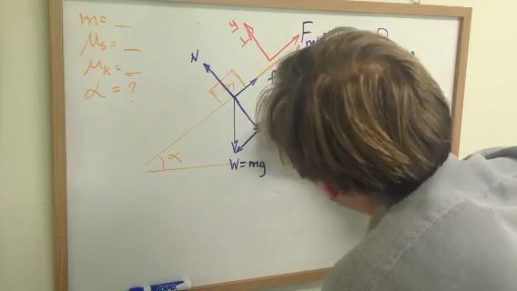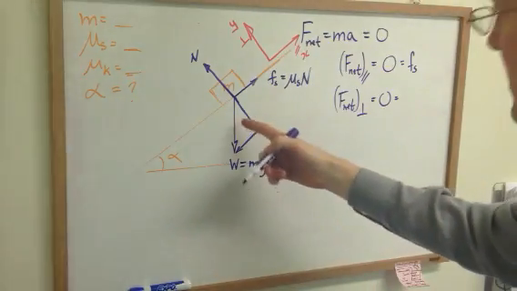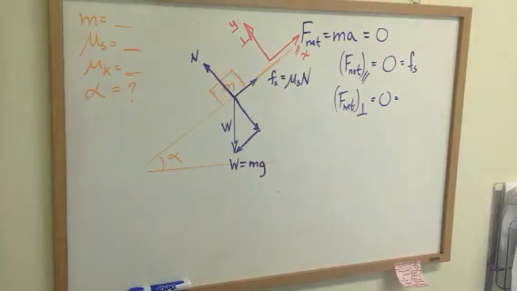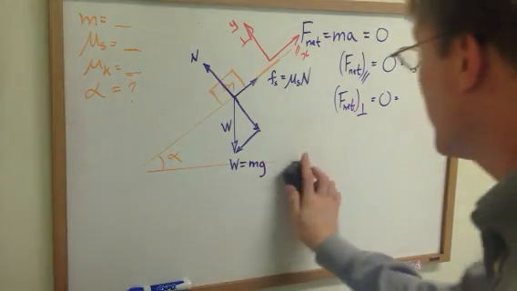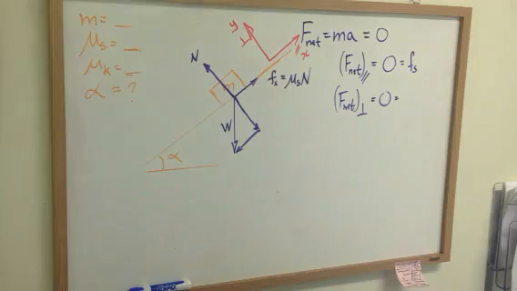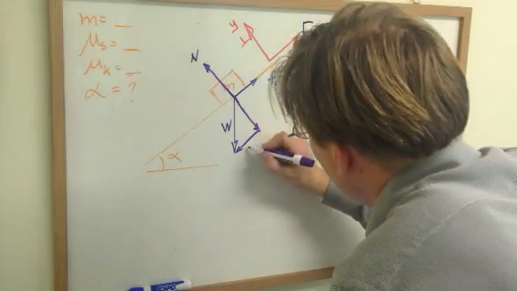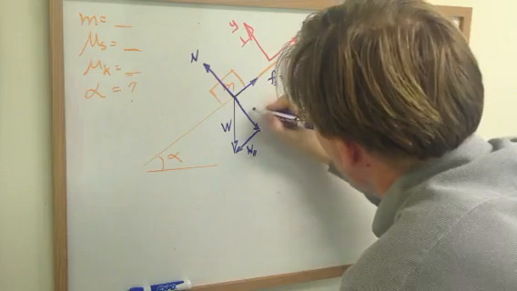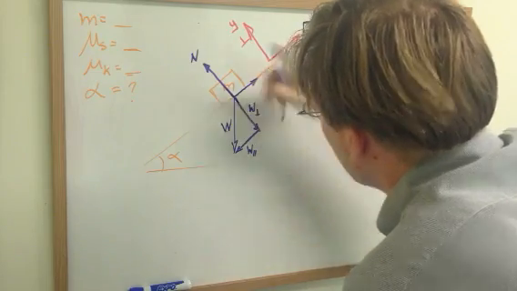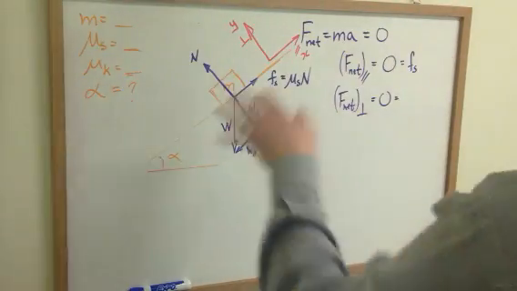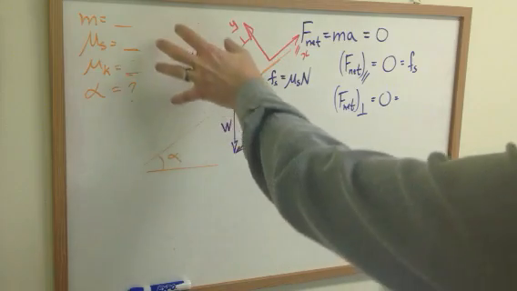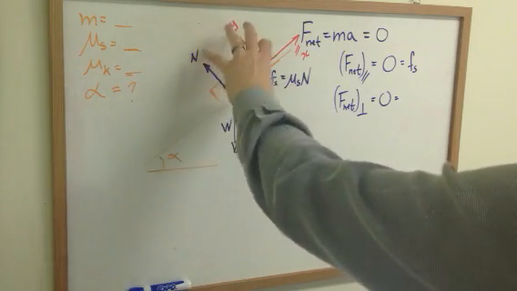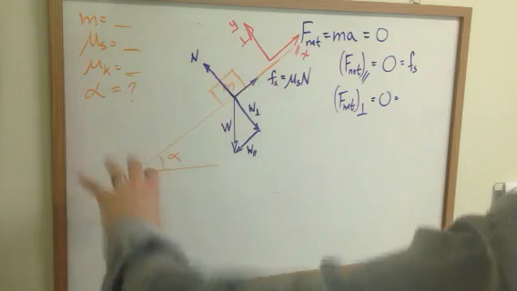Now, these are not new forces. I haven't added new forces. These are components of the weight. So there's the weight, and it's pulling down that parallel, down the hill, and it's pulling partially against the hill. So the weight on an angle does two things. It keeps the block against the hill, and it pulls the block down the hill.